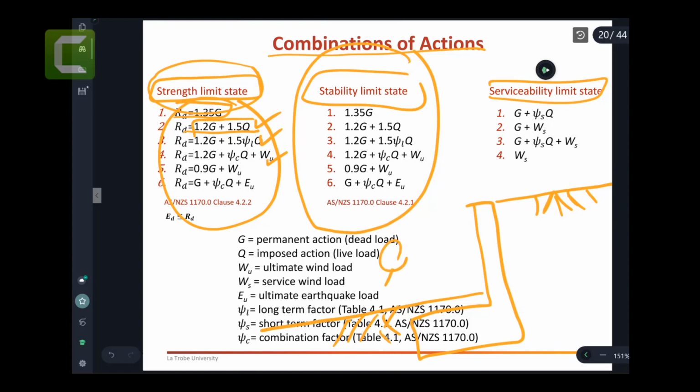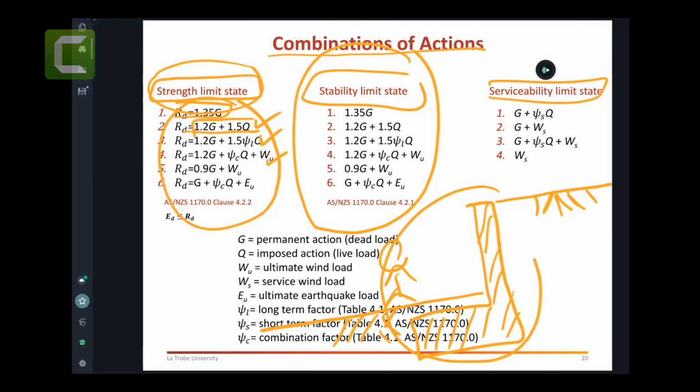Stability is one of the checks structural engineers do. It's not only about strength, making sure this L shape will not break. We also need to make sure the whole thing will not turn as one piece and fall. We call this a stability check.